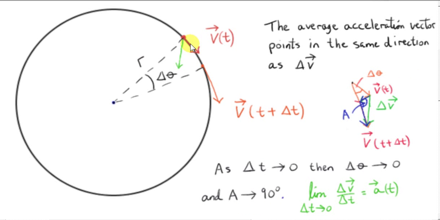To get the acceleration at time t, we have to take delta v and scale it by 1 over delta t. That's just a scalar dividing by a scalar, and take the limit as delta t approaches 0. That gives us the acceleration at this time.